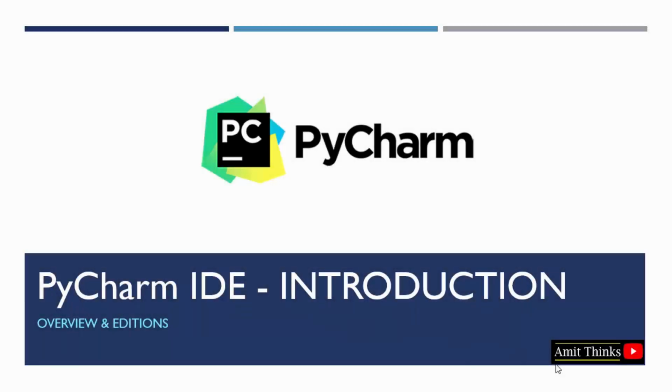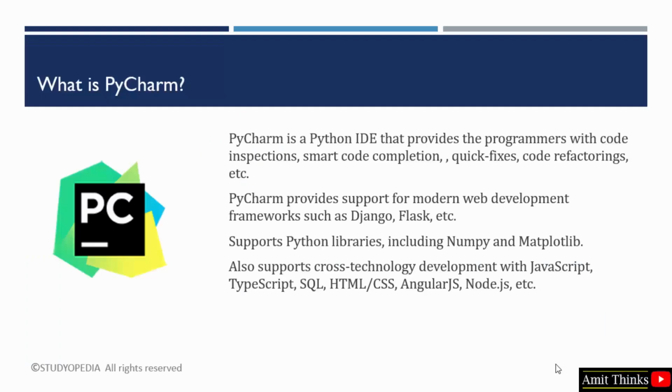In this video, we will learn what is PyCharm, its usage, and the editions available. Let's begin. So PyCharm is basically a Python IDE that allows you to run Python programs easily with some features like code inspections, smart code completion, code refactoring, and others. Why is it popular?